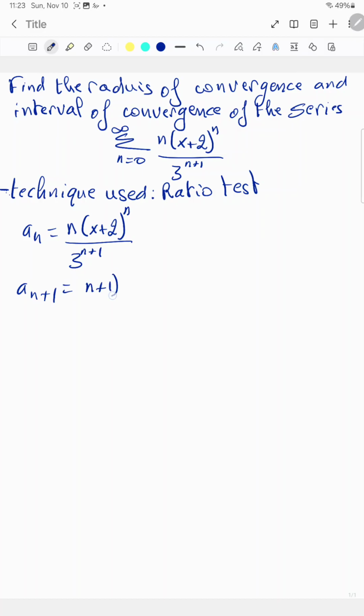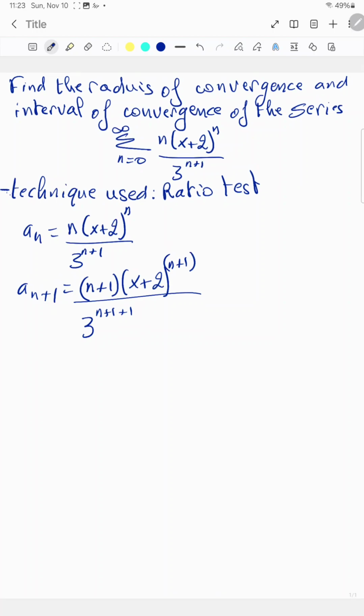So every n I replace by n plus 1: n plus 1 times (x plus 2) to the power n plus 1, divided by 3 to the power n plus 1 plus 1. This is my a_(n+1), and the ratio test is the absolute value of a_(n+1) divided by a_n.